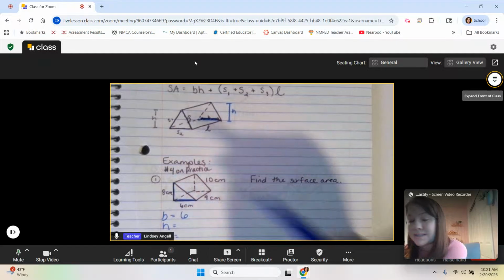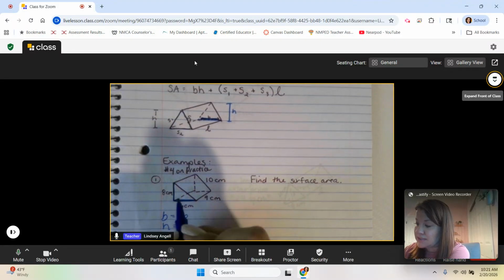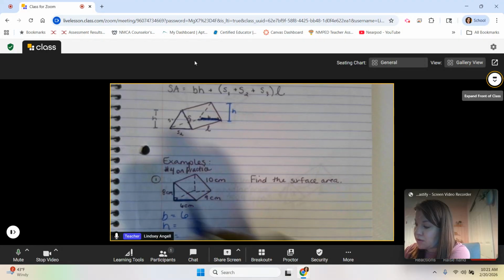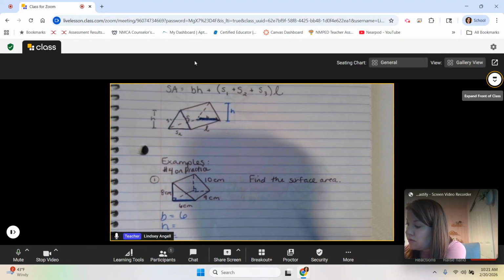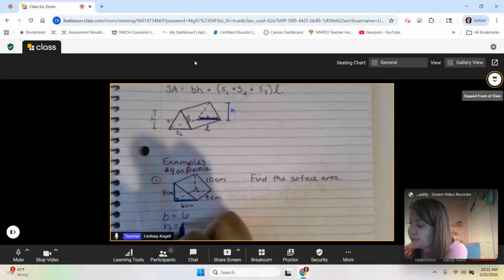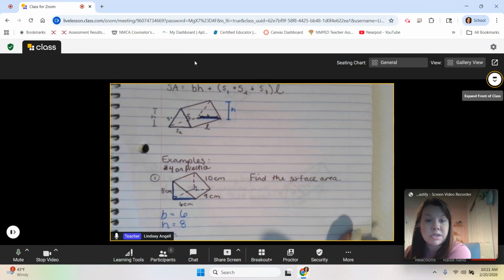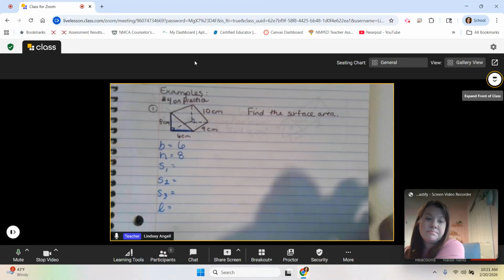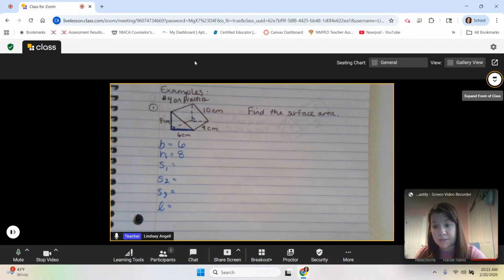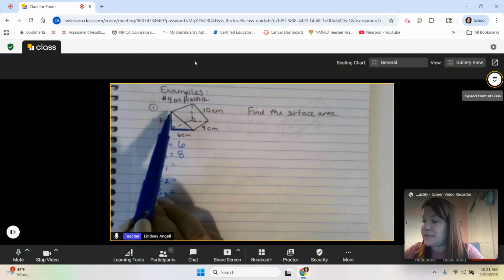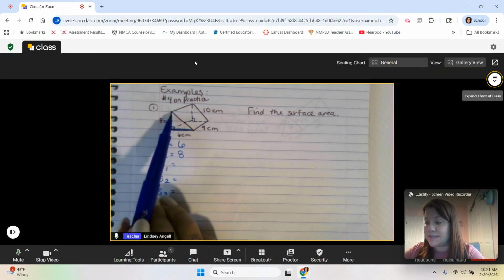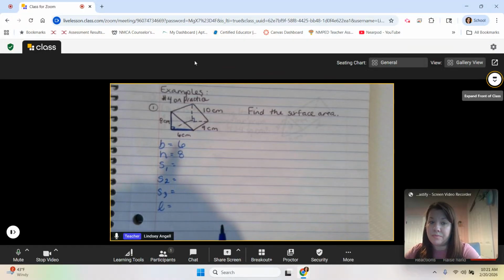That's also a side length, because it looks like a right triangle for both of those. The height is always found by the perpendicular distance from the opposite vertex to the base, and so this happens to be the height as well.